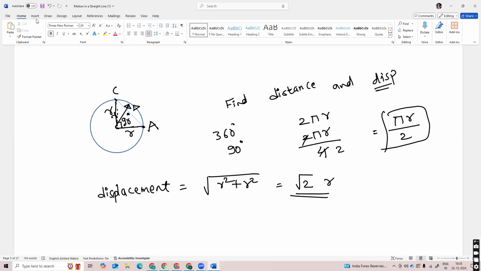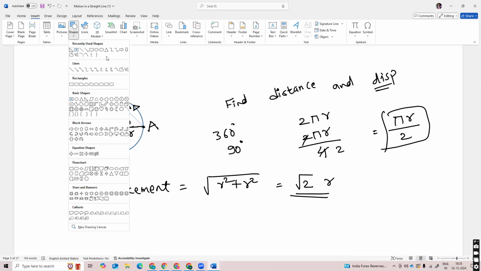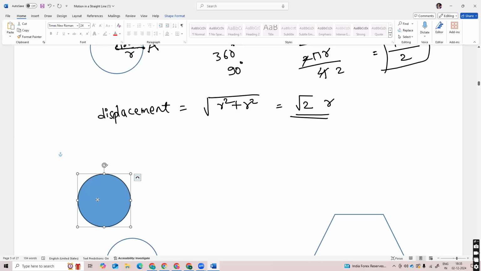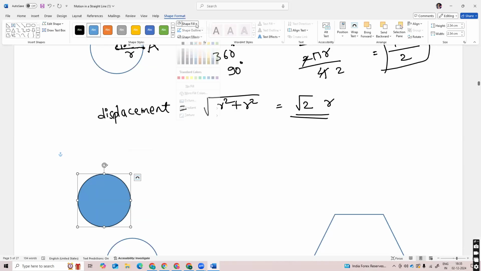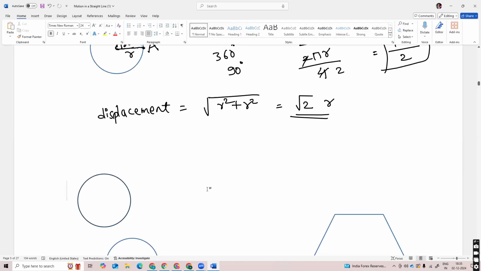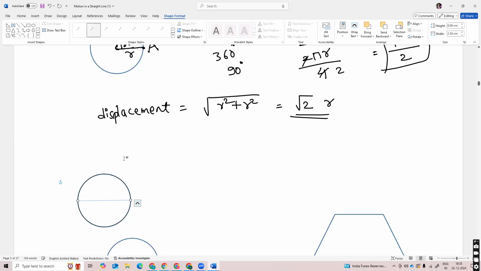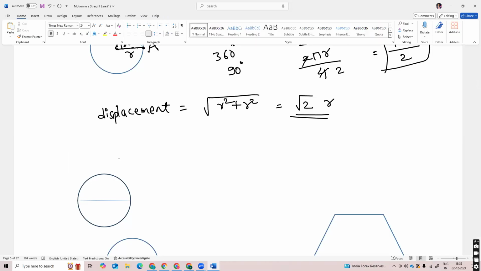Similarly, let's say now this person has traveled from point A to point B, whereas this is the center of the circle, and let's say again the radius of this circle was r.